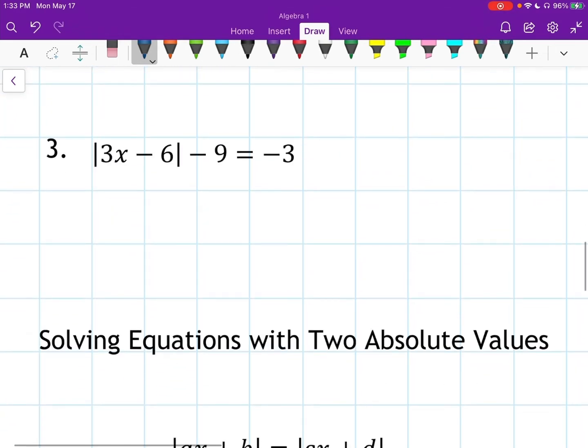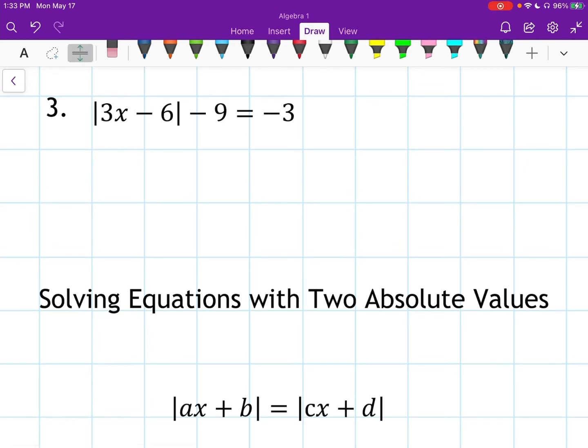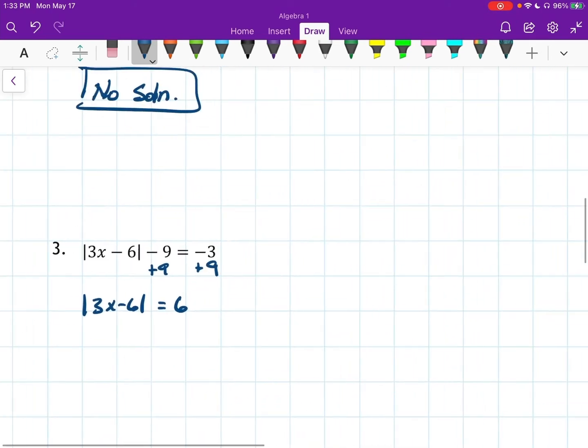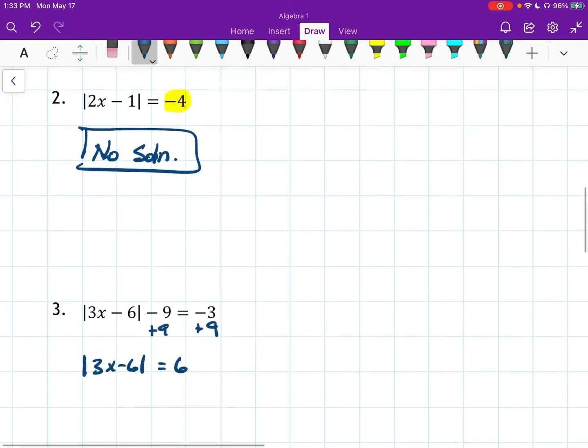Number 3, now this one's kind of different. Before we can deal with our absolute value bars, we're going to get rid of this 9. We get rid of it by adding it to the other side. So now we're going to have the absolute value of 3x minus 6 equals 6. Now we're going to solve it just like what we did in number 1.